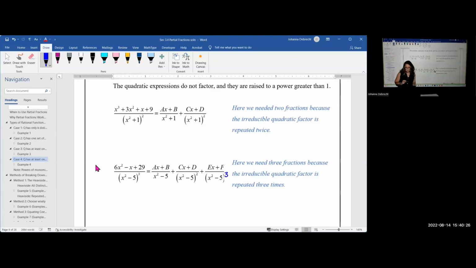Make sure that that shows up right there, right? Looks like it, the columns are sort of cutting it off, but it should be to the third, right? Now, notice that all 3 of the numerators have to be linear because the factor on which they're based is quadratic.